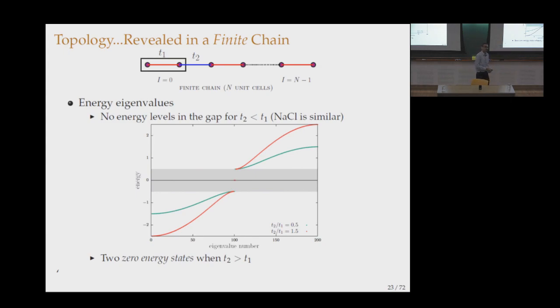So if you just count, having states in the gap or not having states in the gap is a yes or no question, right? At that qualitative level, you can see that these two objects are different because one says yes to a yes or no question and the other says no.